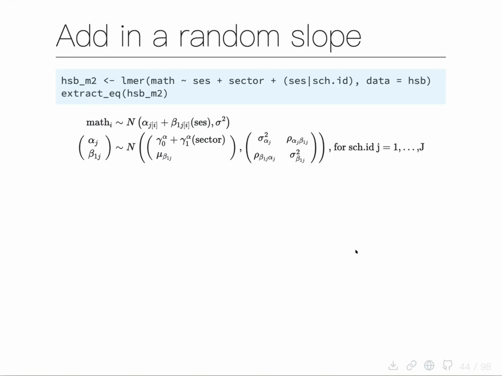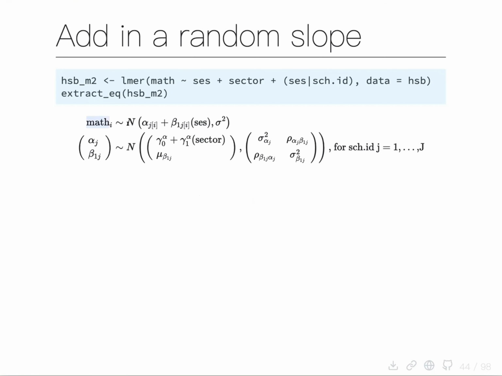When we're estimating a random slope, we are also estimating the covariance between the intercept and the slope, or as it's shown here, the correlation. So this shows that as well. Here we've got SES plus sector, and then SES is randomly varying across school IDs as well as the intercept. So now our model looks fairly complicated, but you can walk through it and hopefully it should make sense.